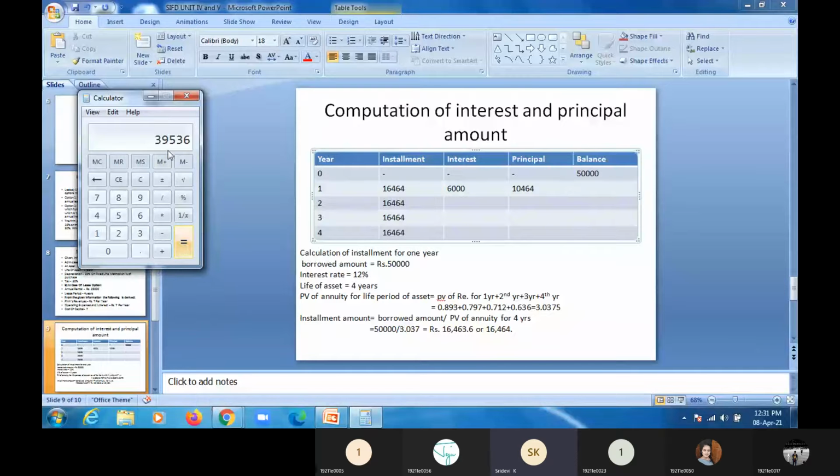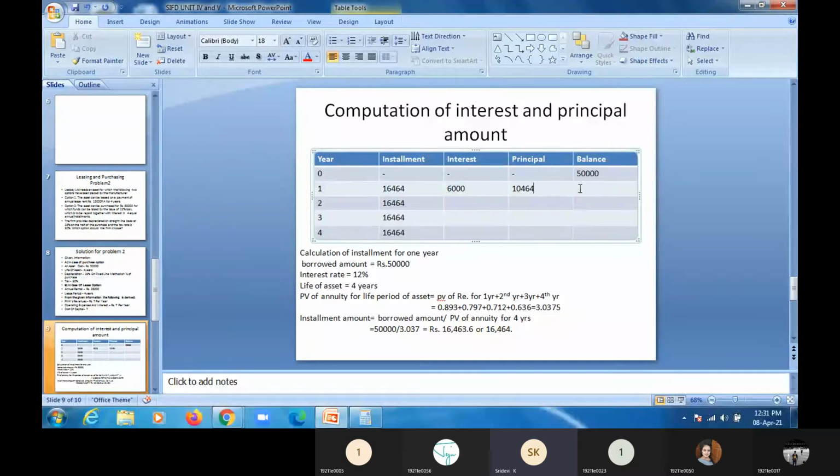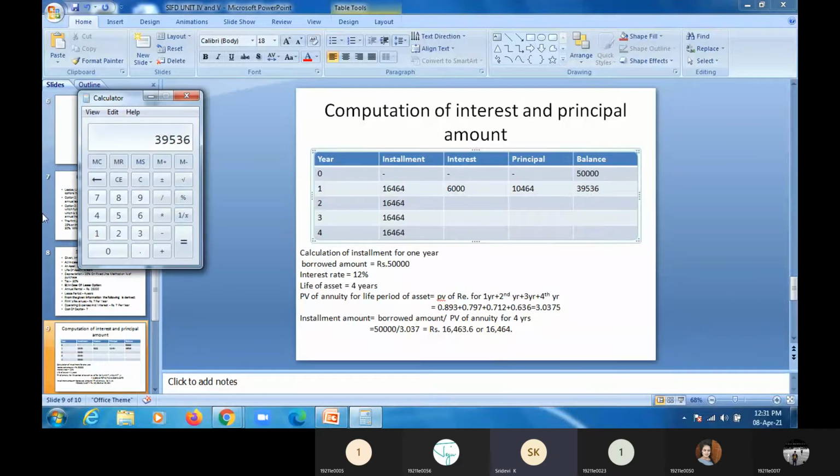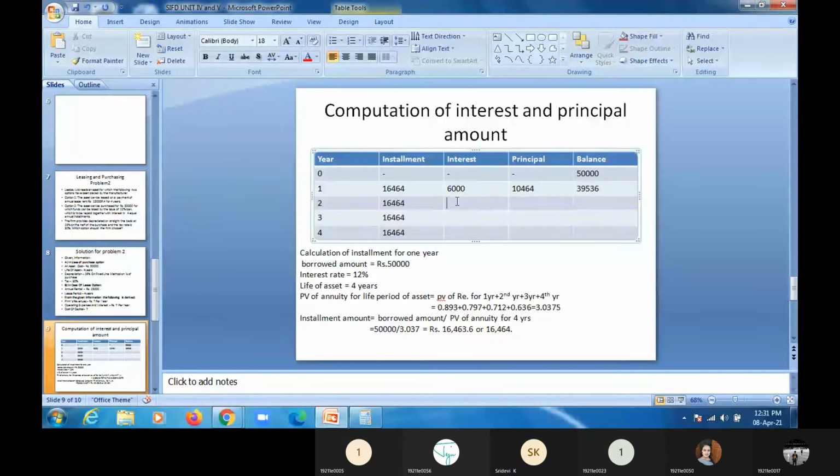So the remaining balance on which interest is paid is 39,536. On this you need to pay the interest: 12% of 39,536, so the interest amount will be 4,744.